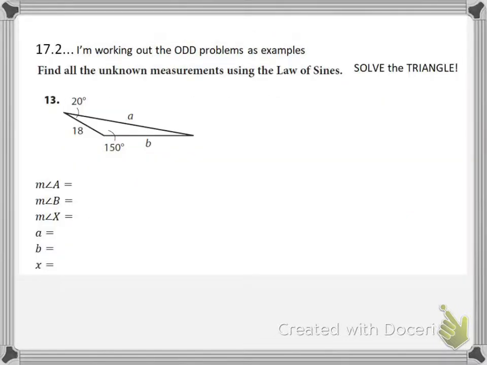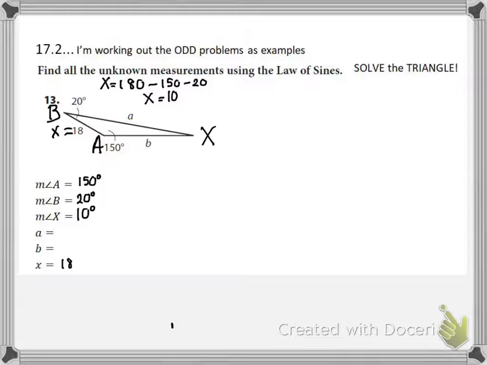Okay, here's a problem I skipped a few minutes ago. I'm going to fill in a lot of stuff and then get back to you. Okay, I labeled my angles A, B, and X because I'm not using C unless I have to. I labeled them by looking at opposite from a capital letter would be the same letter lowercase. And then I took the two angles I knew and I came up here and I did 180 minus 150 minus 20 and got 10 degrees for my last angle.